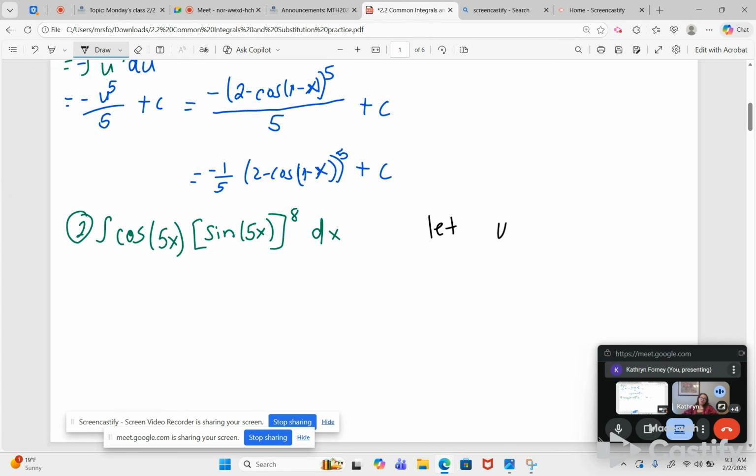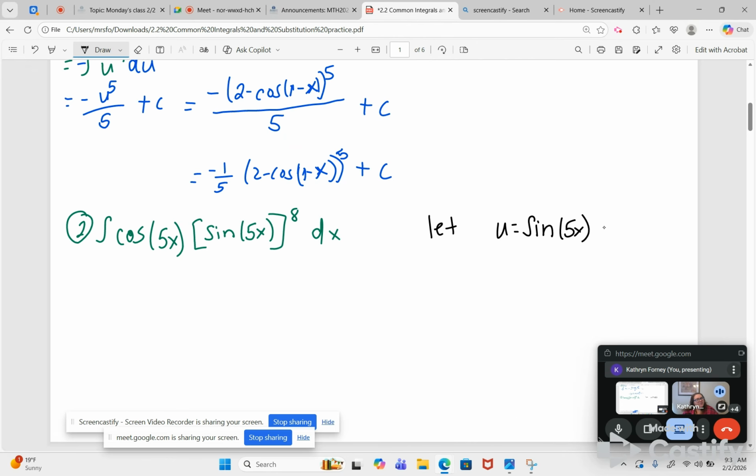So if we let u, we don't want u just to be 5x, because then we're going to have a cosine and a sine, and we're not going to have a way to get the derivative of 1. But if we look at cosine 5x or sine of 5x, which one of those is a composition? The sine of 5x, yeah. So that's going to be our u.